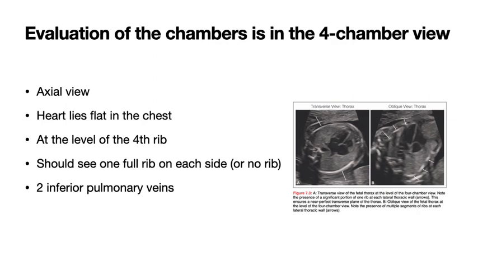So if you are definitely axial in a fetus, you will see 1 full rib on each side, or no rib if you happen to be in the intercostal space. At the 4-chamber view, you'll see two pulmonary veins, the two inferior ones. There are two superior ones also, but that's not at the level of the four-chamber view.